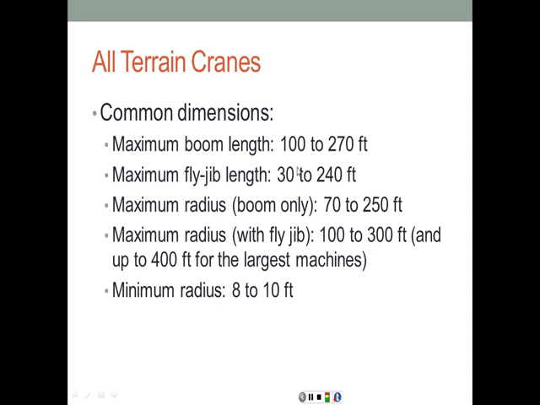The dimensions are slightly larger than the rough terrain crane: maximum boom length 100 to 270 feet, maximum fly jib length 30 to 240 feet, maximum radius 100 to 300, and it can increase up to 400 feet for the largest machines, minimum radius 8 to 10 feet.